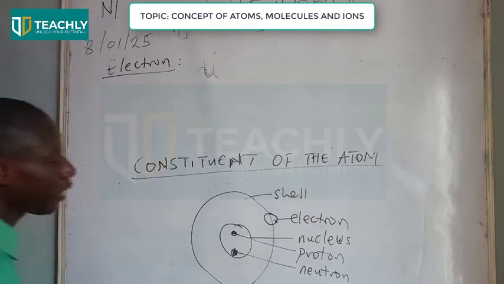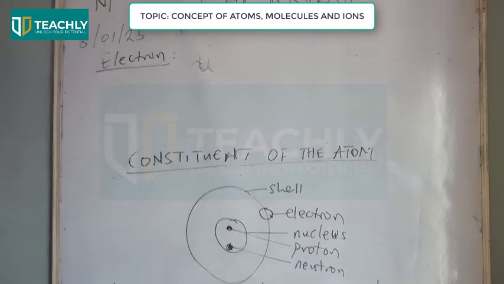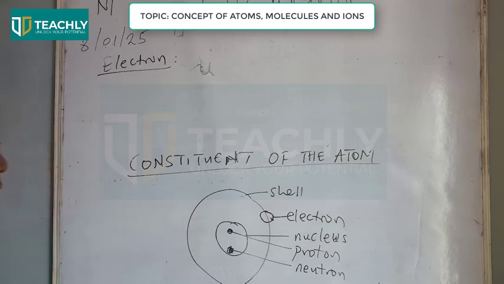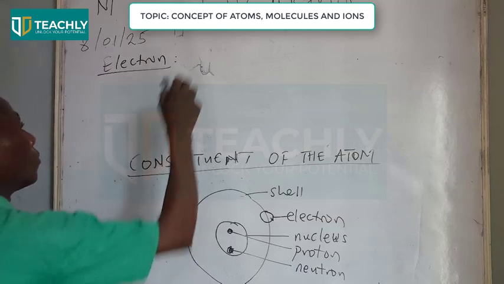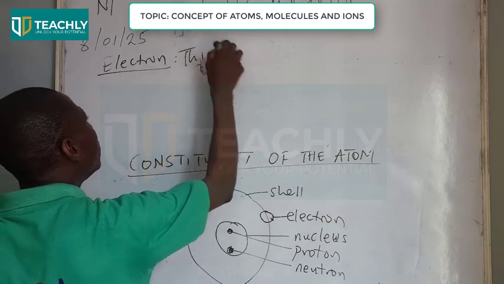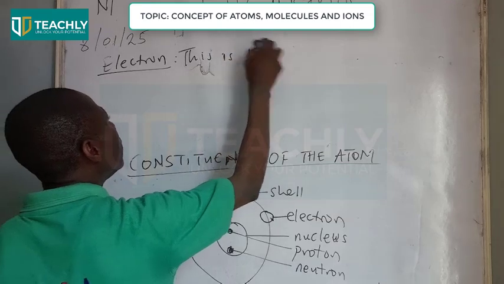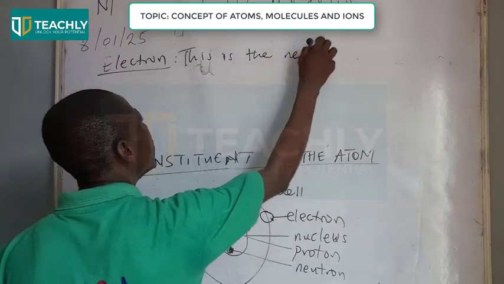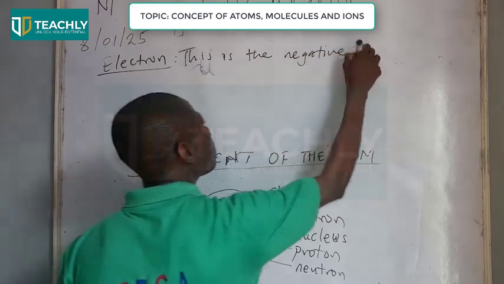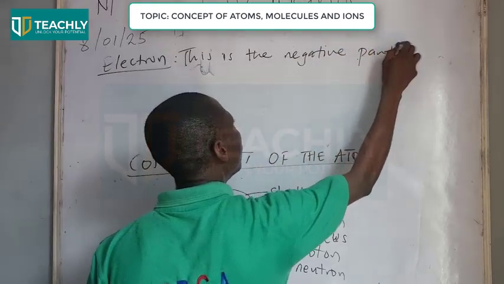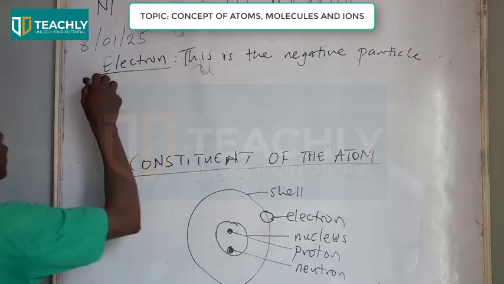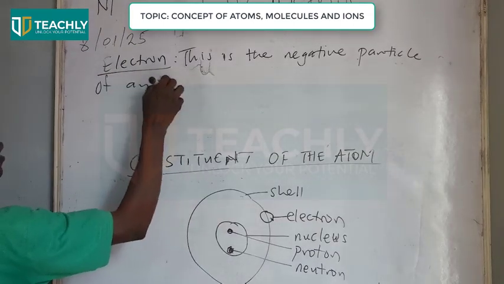So we can say the electron is the negative particle of an atom.